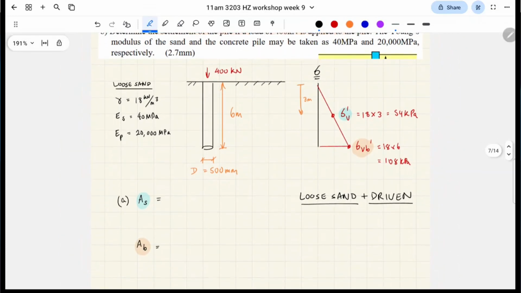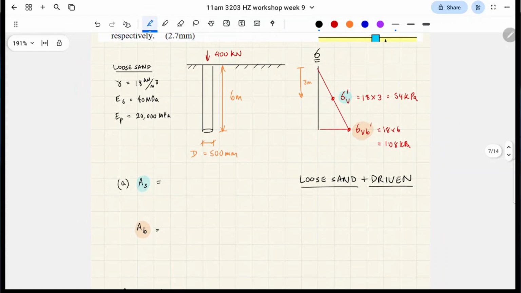Okay, cool. So next we're going to calculate the geometric stuff. That's the area of the shaft and the area of the base. Since we're dealing with a cylinder shape, the area of the shaft is going to be the circumference, basically the perimeter of the circle, multiplied by L, and L is going to be 6 meters.